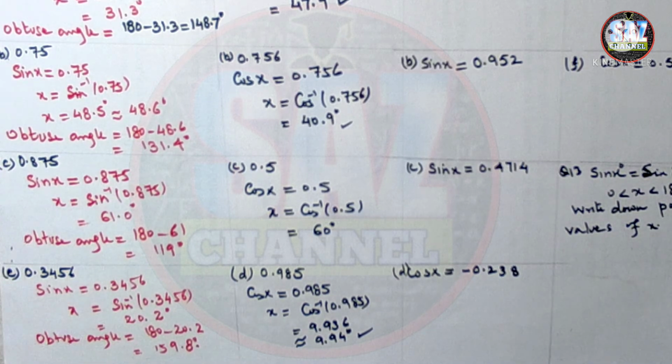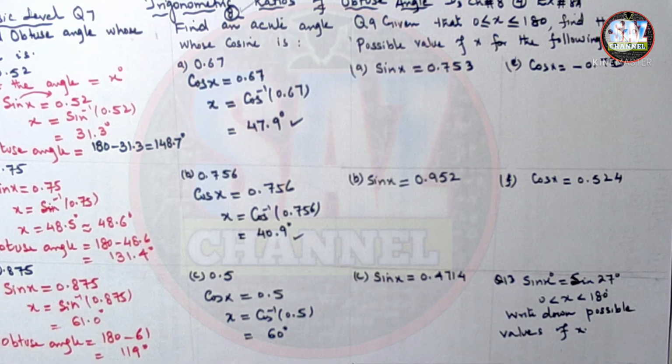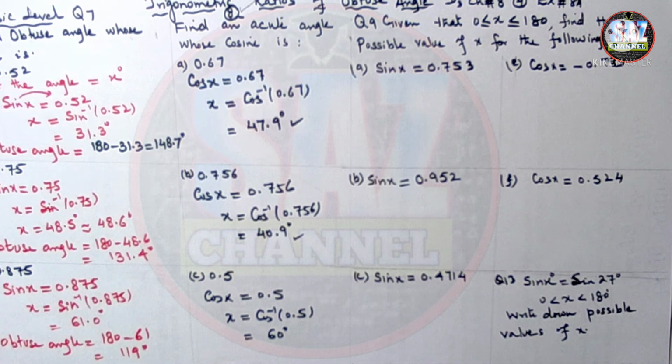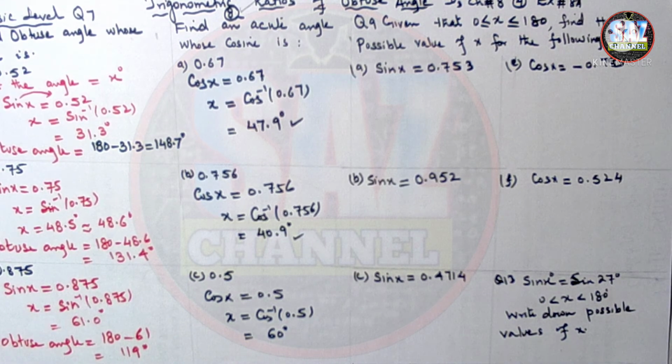Yes, it's written at the top, question number 8, and then question number 9 says that given that x lies between 0 and 180 degrees, find the possible values of x for the following cases. The first situation is that sine of x equals 0.753.